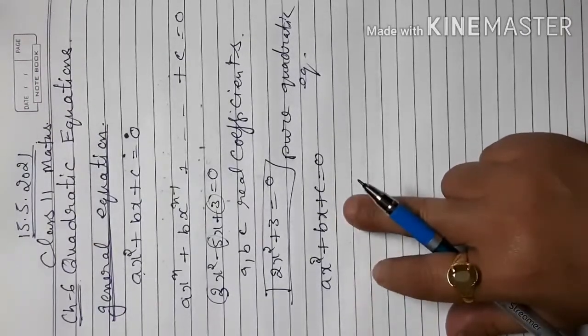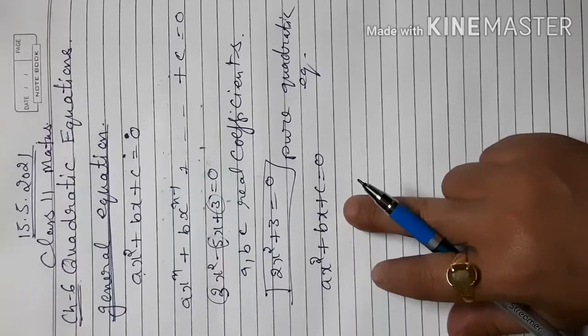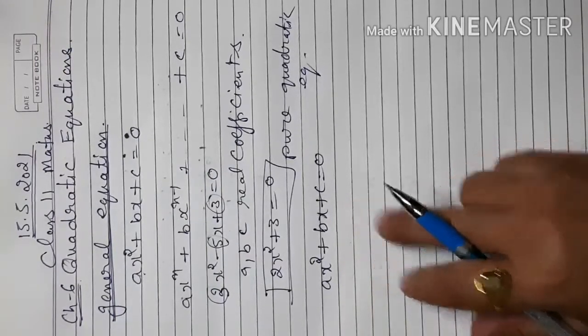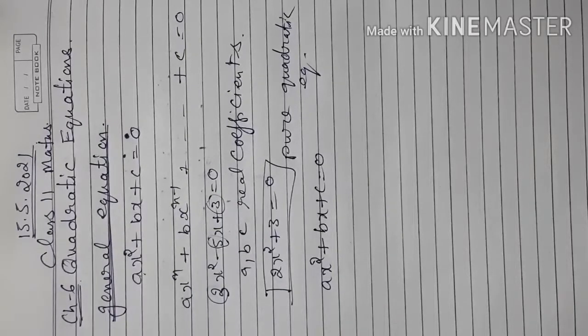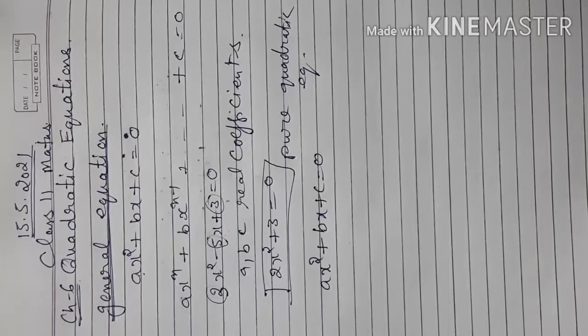Whatever answer I get is the root of this equation, that is your x value, and that x value we also consider as our formula, instead of using the perfect square method every time to find the value of x.